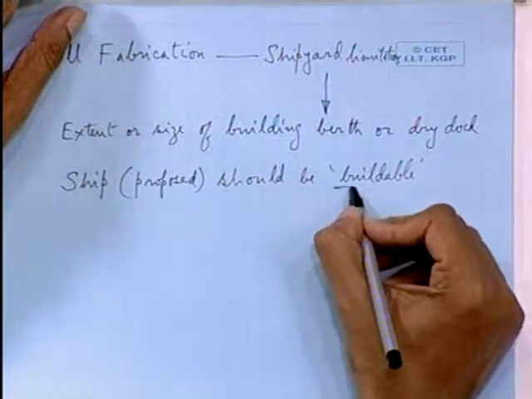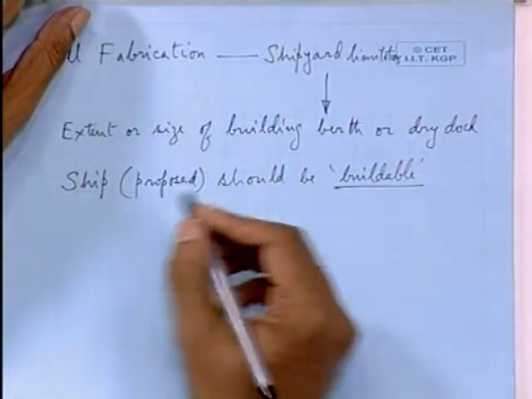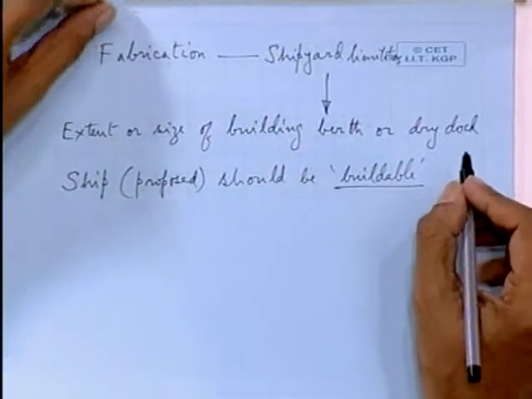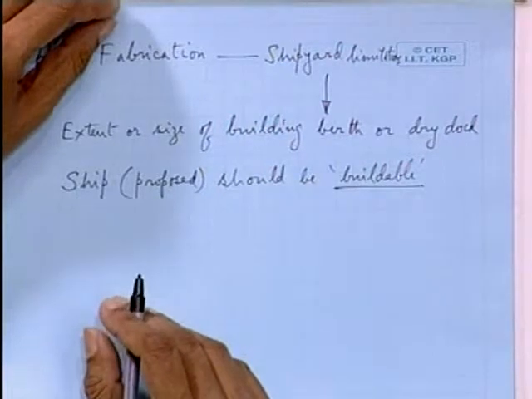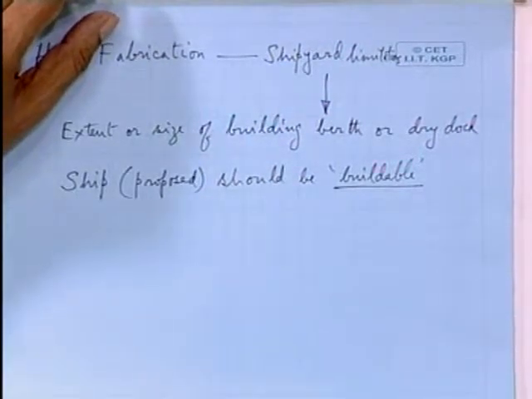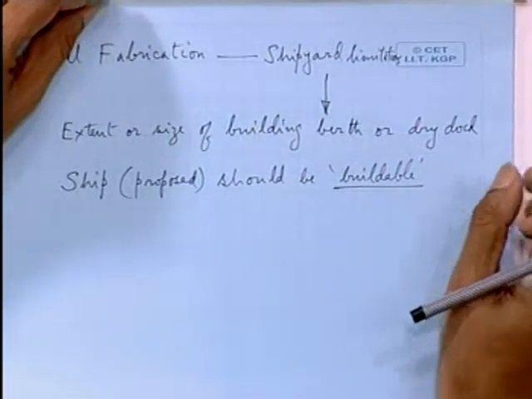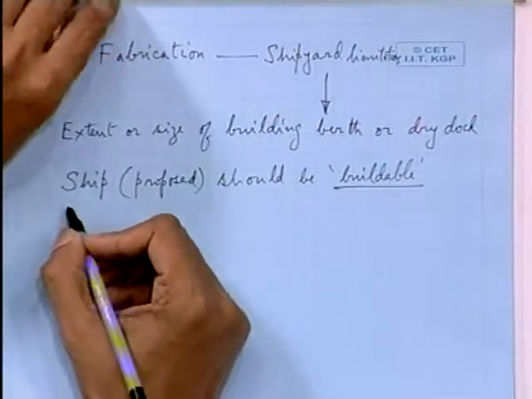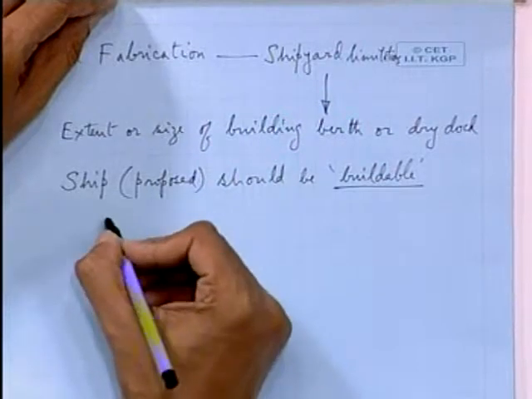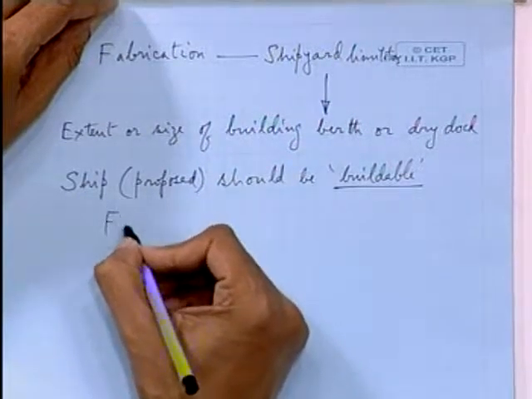That means the shipyard should not face any problems in fabrication. So there are two important stages one has to keep in mind, that after the design, normally the naval architect takes care of the fabrication and erection process.